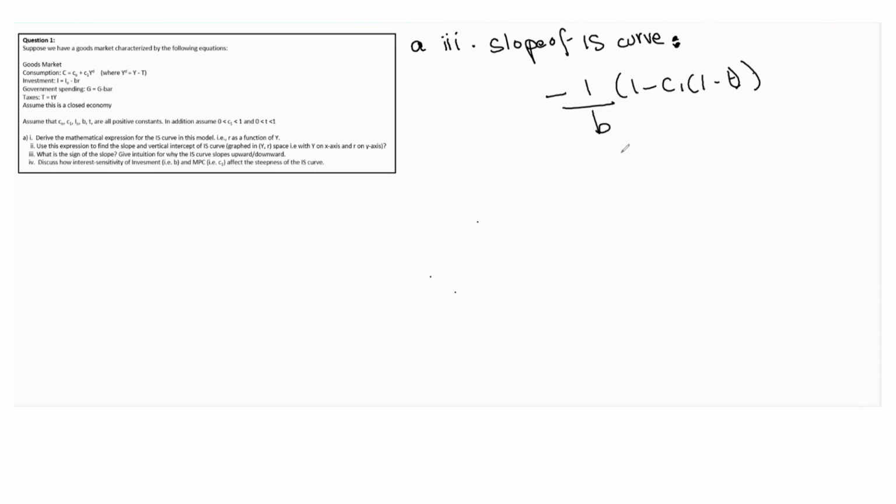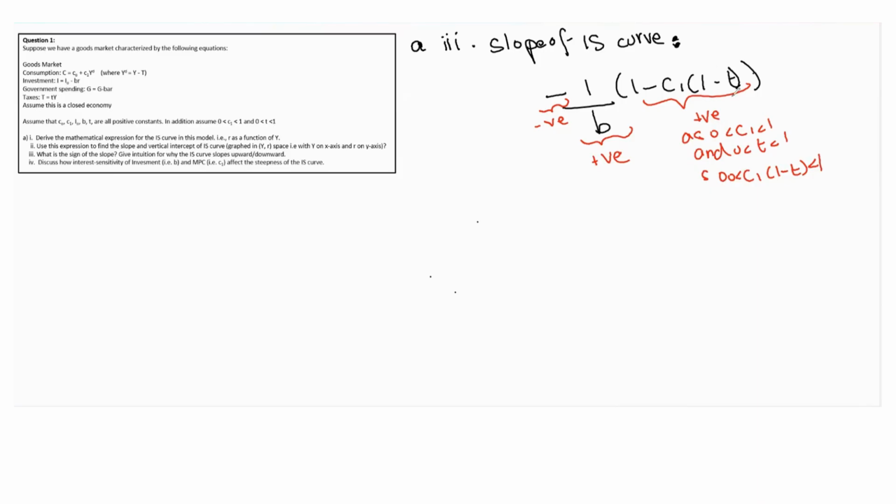Now the idea is that this is a minus sign, so this is negative. V is positive, so 1 by V is positive. Now this entire expression is also positive, as C1 is between 0 and 1 and T is between 0 and 1. So C1 times 1 minus T is also between 0 and 1, because C1 is a fraction, T is a fraction.